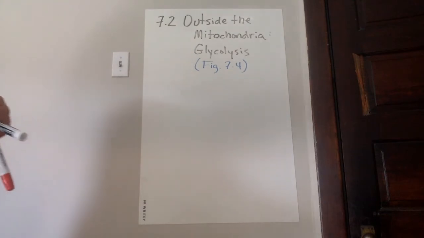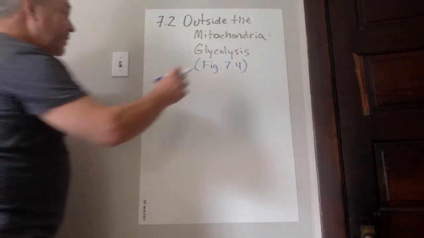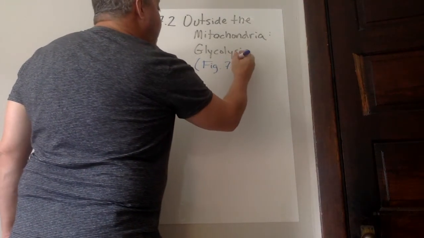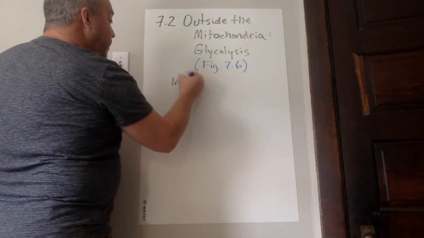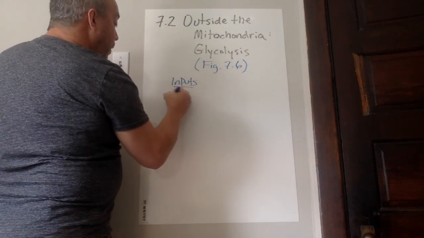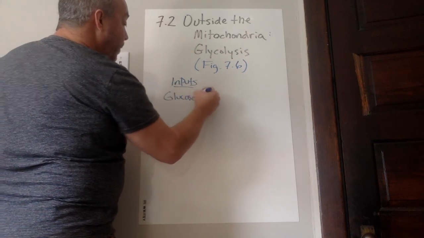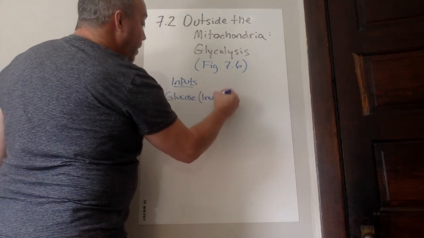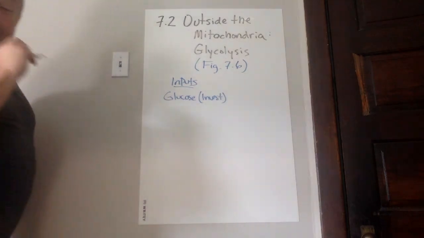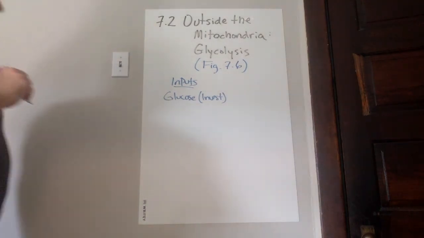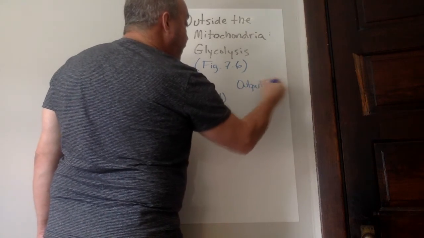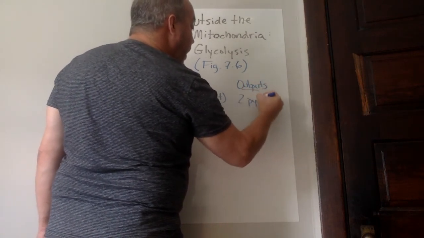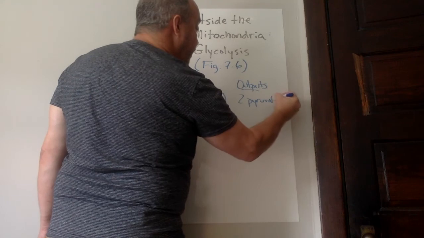So you can see this in figure 7.6. They give a summary of the important molecules. So inputs. We have glucose. This is in the investment portion. We invest 1 glucose molecule. Eventually, that will get turned into 2 pyruvates.